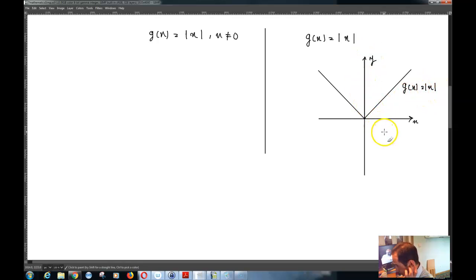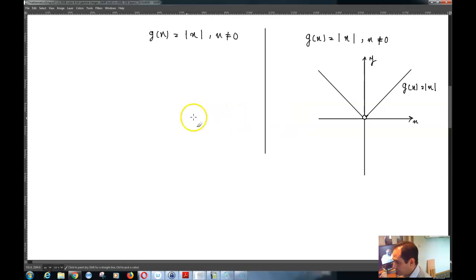Now, if you have g of x equal to the absolute value of x, but x is not equal to 0, meaning that x equal to 0 is not a part of the domain of the function, you need to take x equal to 0 out. You can show this with a hollow circle, which is not a filled circle.